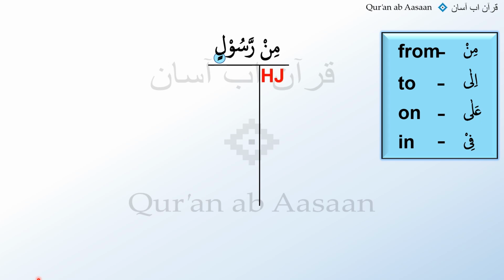We already know the translations of all the combinations of min masjidin, ila masjidin. Min is harfe jar. Rasulin, noun, singular, male, common, jar. And question mark again: we need to know the reason why it's in jar.